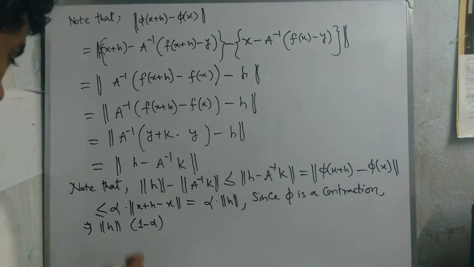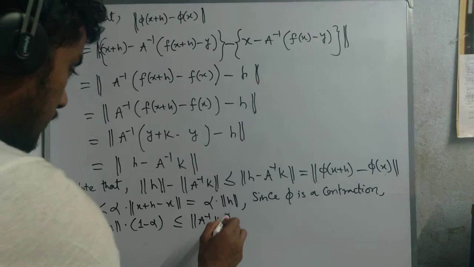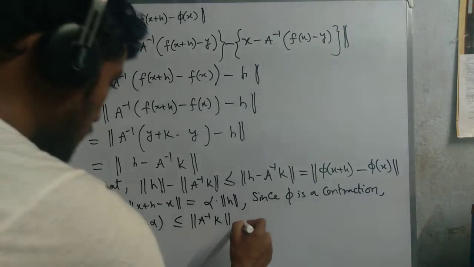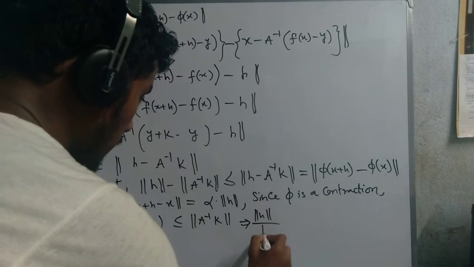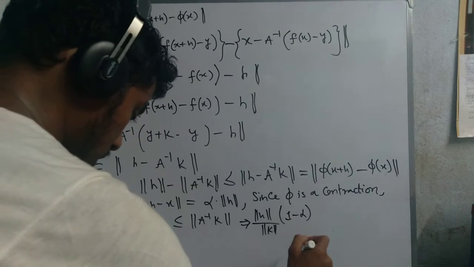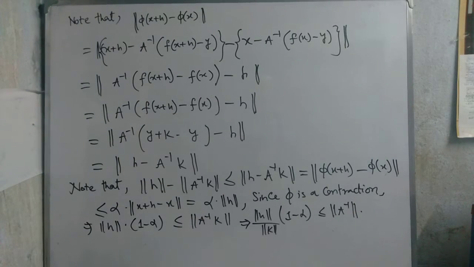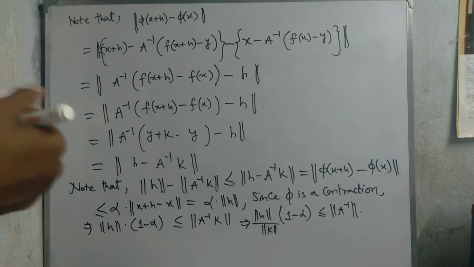Then the norm of h times (1 − α) is less than or equal to the norm of A⁻¹k. This implies that the norm of h divided by the norm of k, times (1 − α), is less than or equal to the norm of A⁻¹. Now we erase the third portion and go on to further discussion.